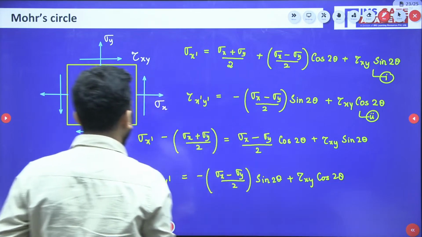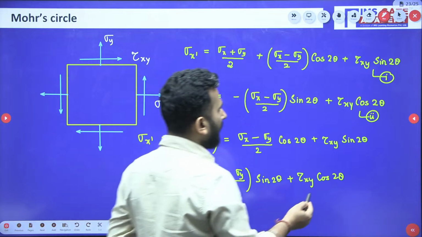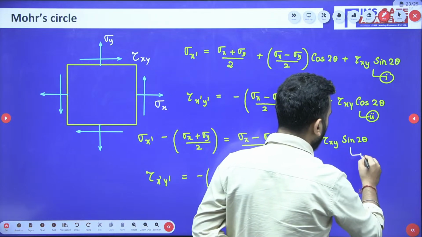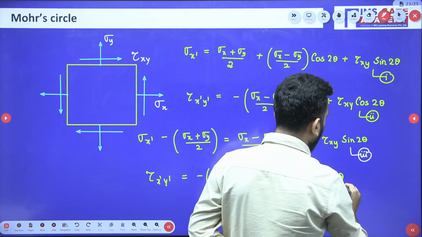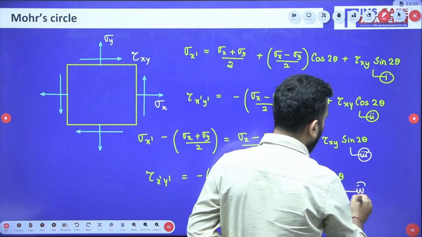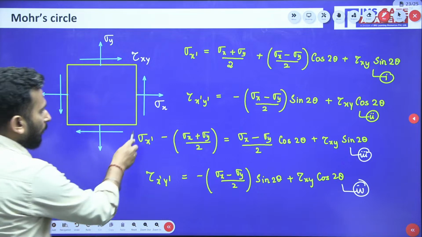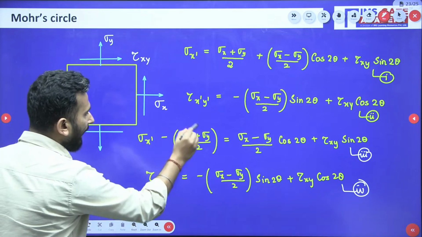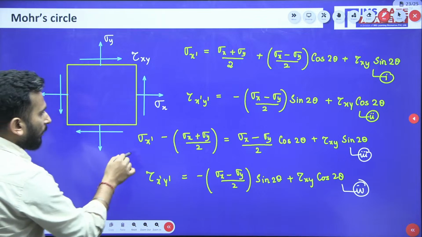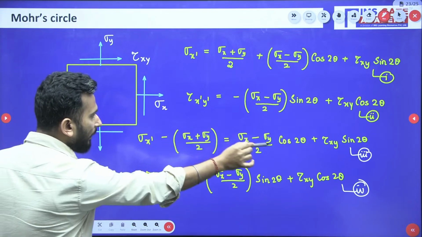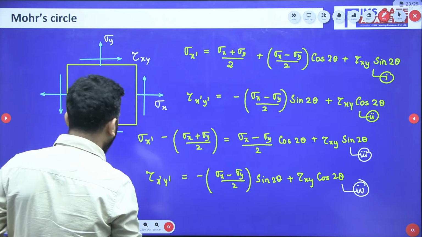Okay, so again let me give this as equation 3, and this is the same only, but let me call it equation 4. So what I am going to do is square this and add. I am going to square equation 3, square equation 4, and add them.